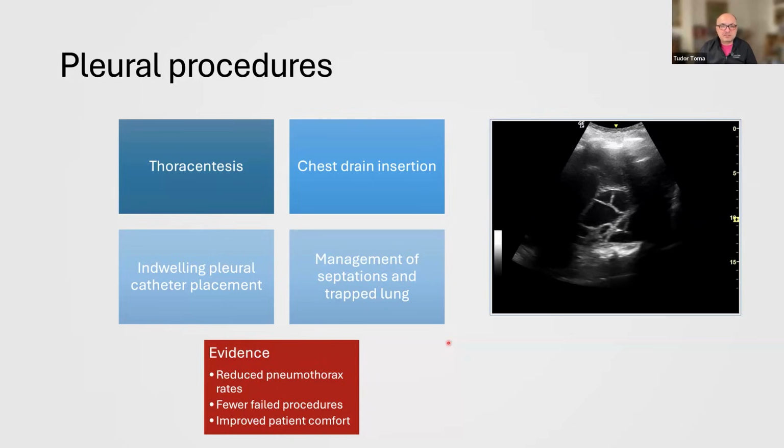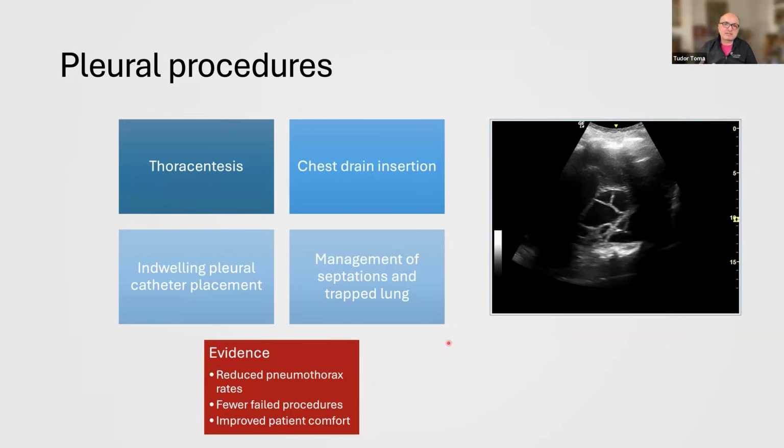Of course, the technology, even with the drainage of the pleural fluid, has progressed, and now we have indwelling pleural catheter placement. We have studies showing that the management of septations is well guided by thoracic ultrasound. Management of pleurodesis in certain circumstances can also be guided by thoracic ultrasound.